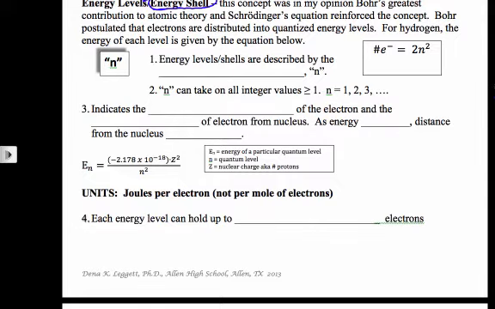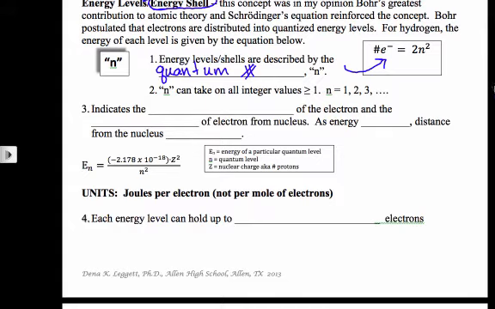Bohr really helped out with this, and Schrodinger's equation really reinforced it and brought it into better, calculated, quantitative form. Now, energy levels are described by, remember, we call this a quantum number, the quantum number given the symbol n. Now, the number of electrons in each quantum number is given by this formula.